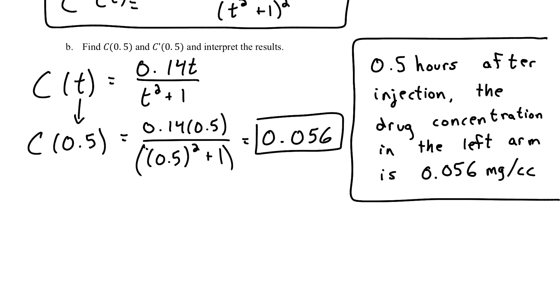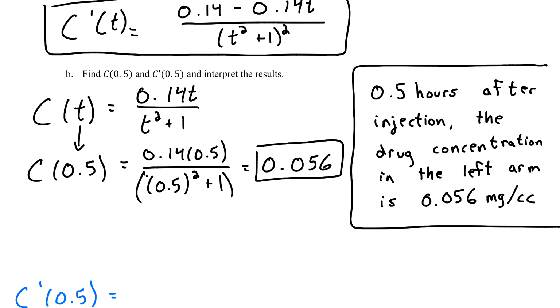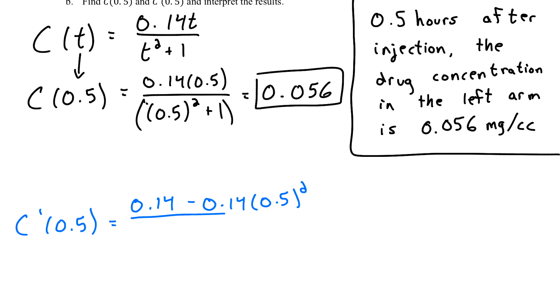If I want a statement of change, I'm going to look at the derivative. So here we're going to look at C prime of 0.5. So here I'm going to take that and plug that 0.5 into my derivative, which we said there, 0.14 minus 0.14 times 0.5 squared, all of that divided by 0.5 squared plus 1 quantity squared.